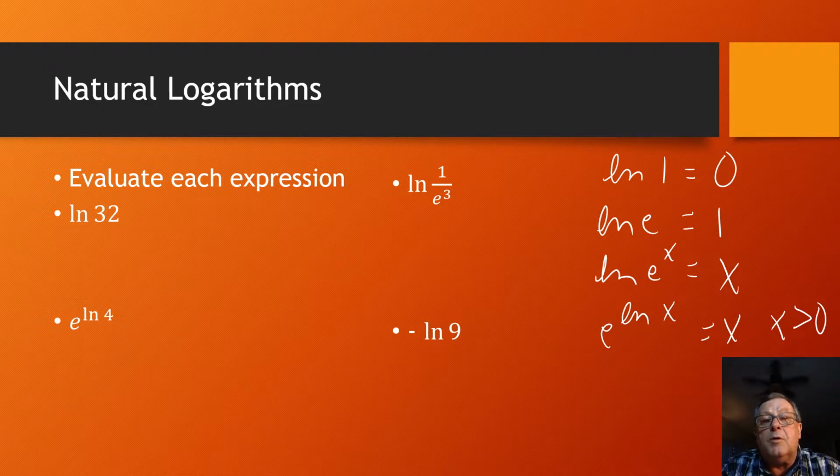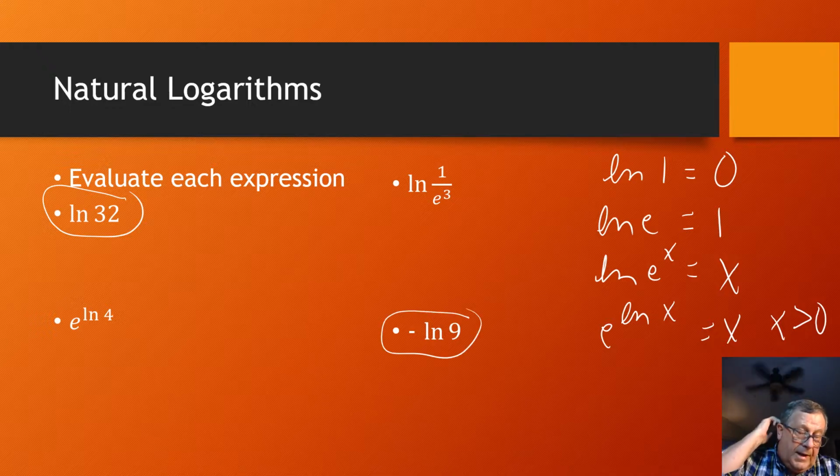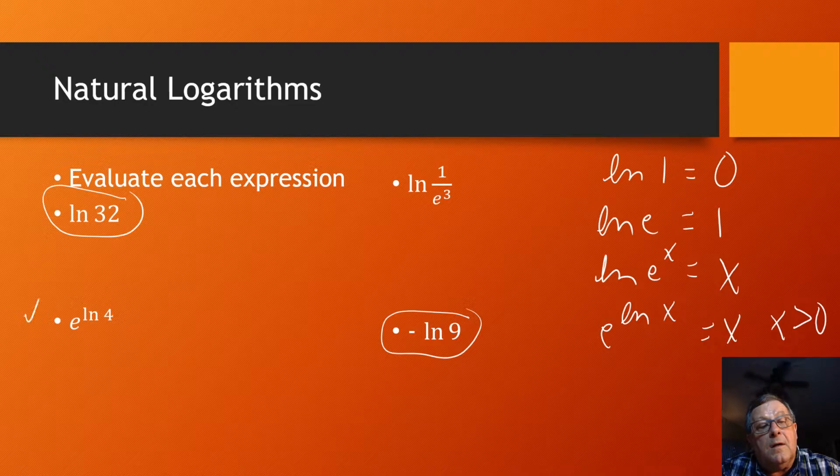Now, a couple of these I'm going to do in the calculator. A couple of these I can actually do without the assistance of the calculator. The ones that I'm going to use the calculator for are the natural log of 32 and the negative natural log of 9. But the other two I could do without a calculator. So here I've got the natural base e to the natural log of 4.